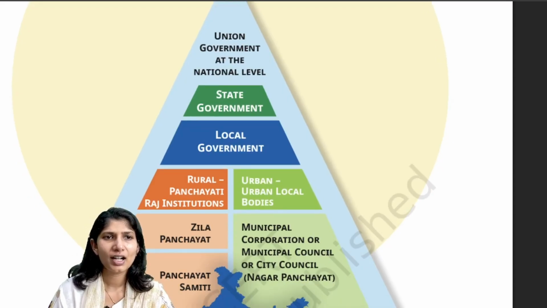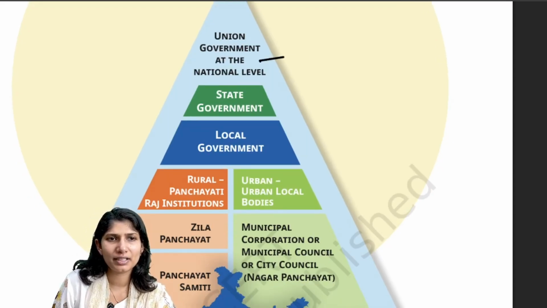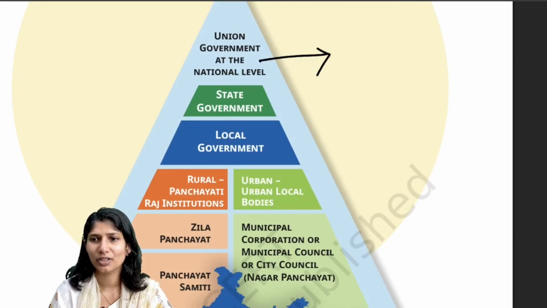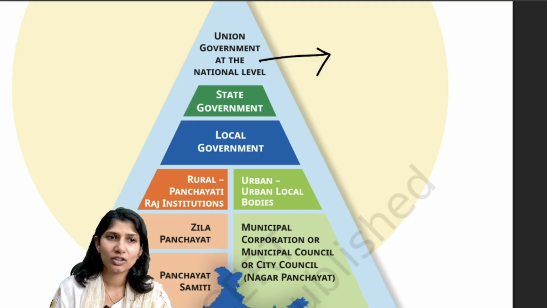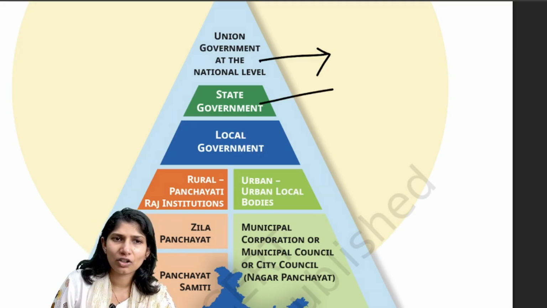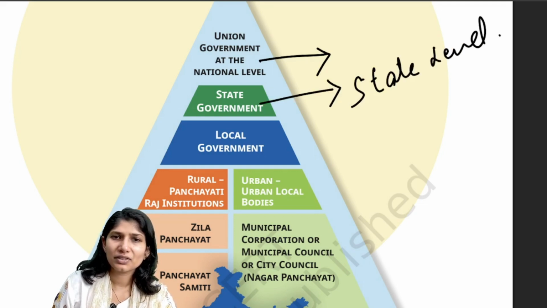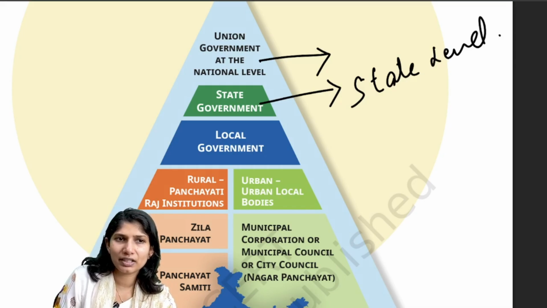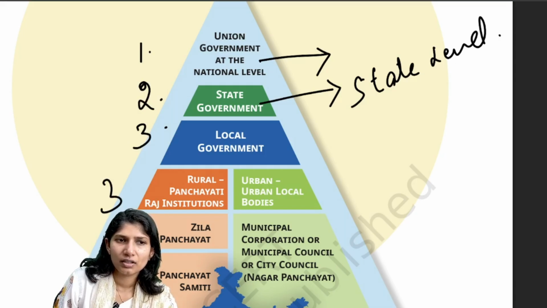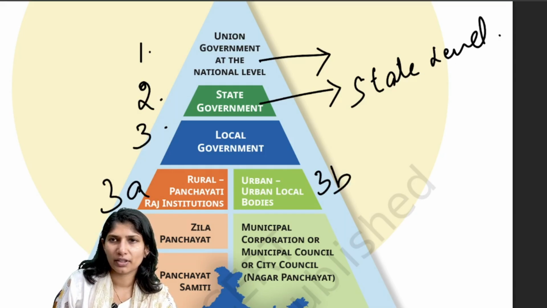First is the union government, which is at the national level, or your central government. Then is the state government at the state level. In the previous class we also discussed it. Now local government comes as the third tier, with two divisions: rural panchayat and urban local bodies.